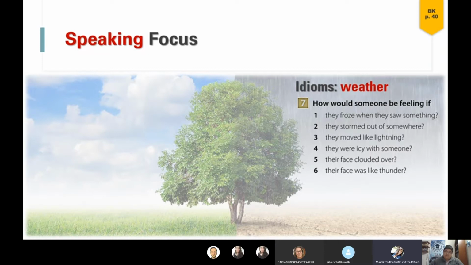Yes. The storm. Think about a storm, yes? When the storm starts, think about how it is, yes? And imagine a person that is like a storm and moves out from some place.